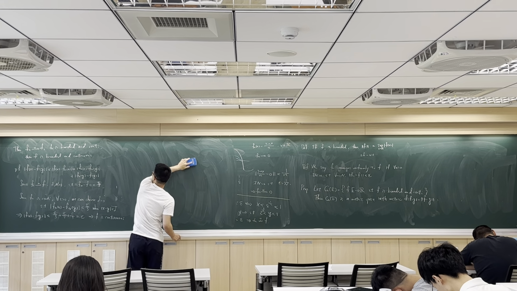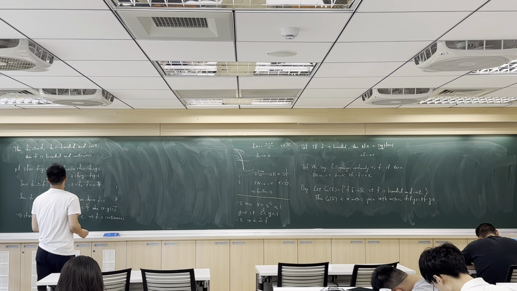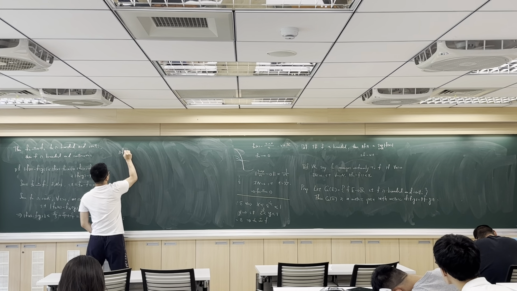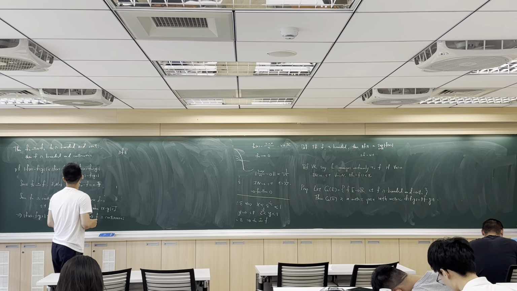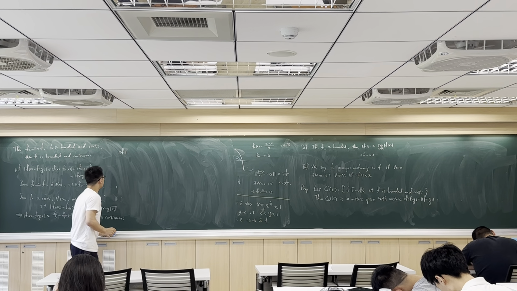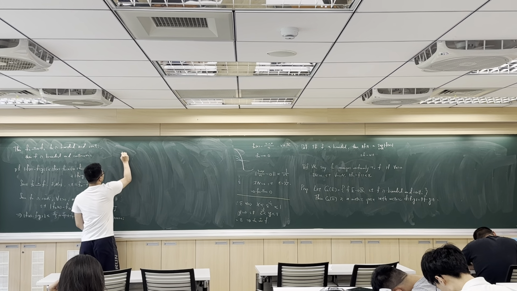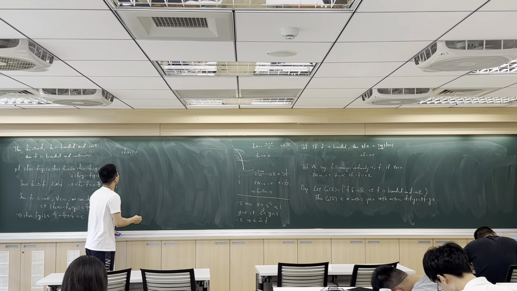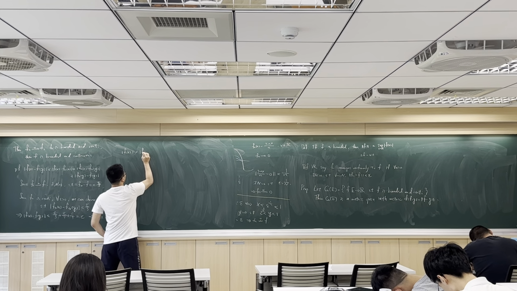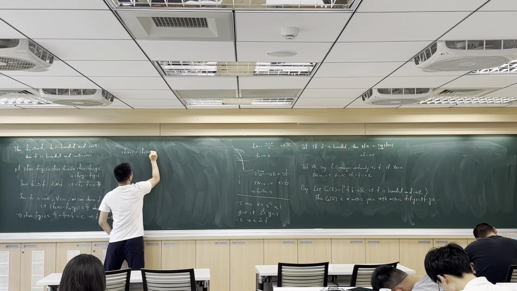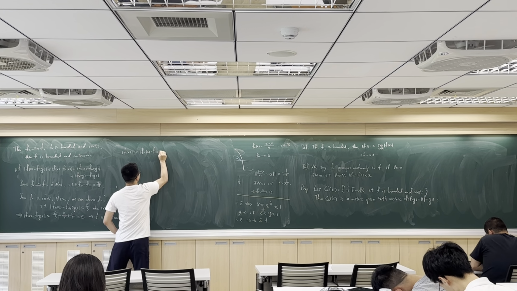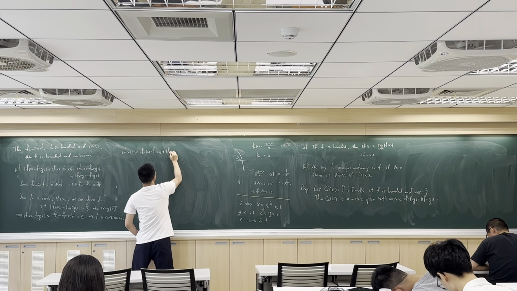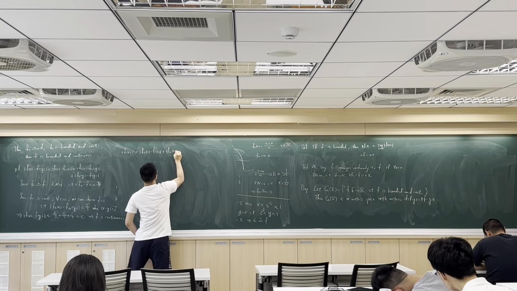Okay. What is left is to prove F is bounded. This is because Fx is less than Fnx minus Fx plus Fnx.